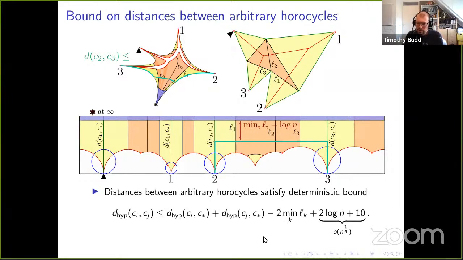And this tells us that the distance between two arbitrary horocycles Ci and Cj can be bounded in terms of the distances to the origin horocycle minus a minimum over the labels along this tree, with a slight error, so error that is really small compared to typical distances.